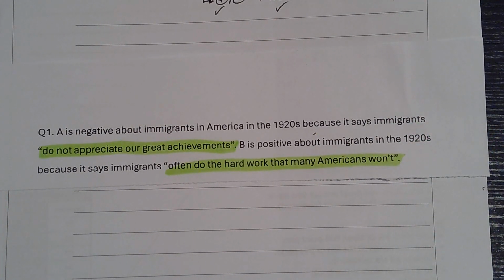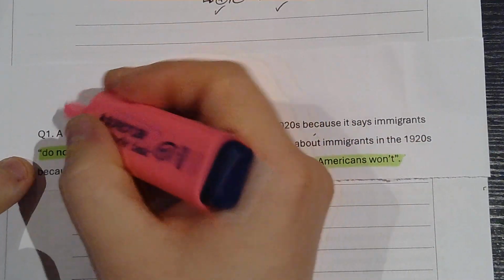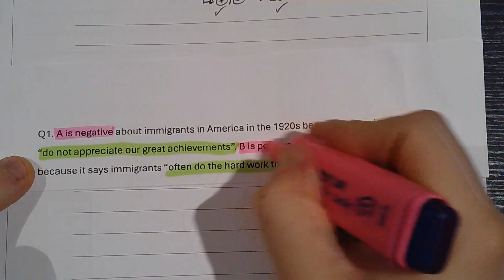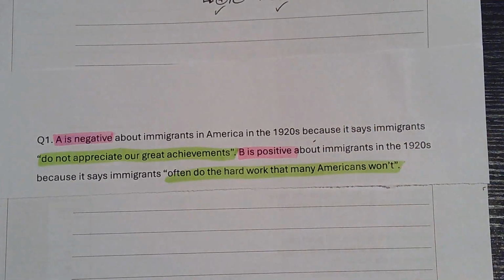So what I've done there is I've identified a quote and I've also said that A is negative and B is positive. So I've identified how they differ. Remember, that's the element of the question, how they differ. One is negative, one is positive. I've used a quote about immigrants in the 1920s, and that will get you 2 out of 4 marks.